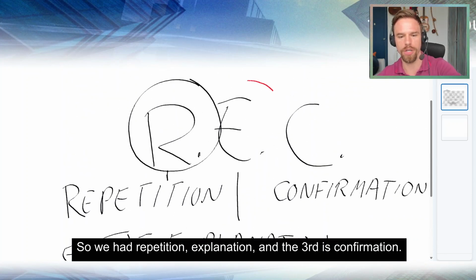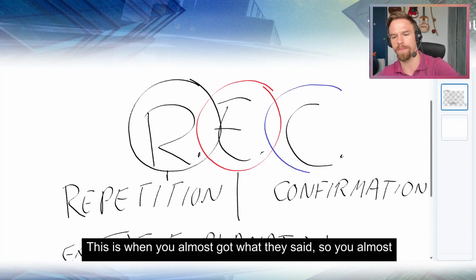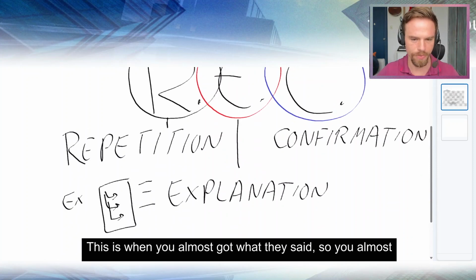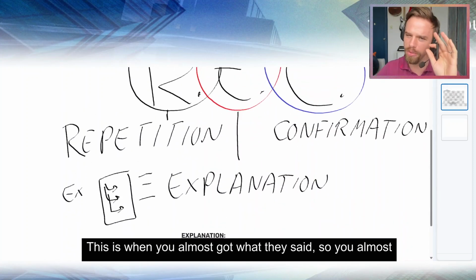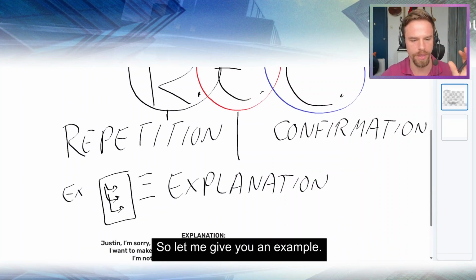So we had repetition, explanation, and the third is confirmation. This is when you almost got what they said, so you almost understand, but there's one part that you're not sure about. So let me give you an example.